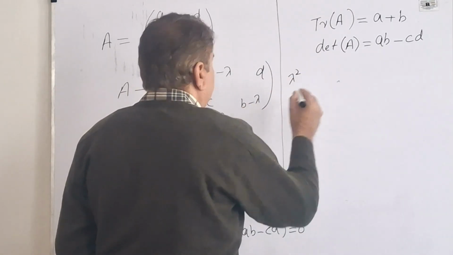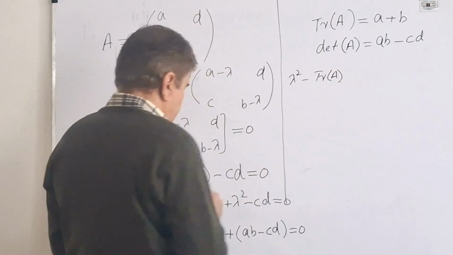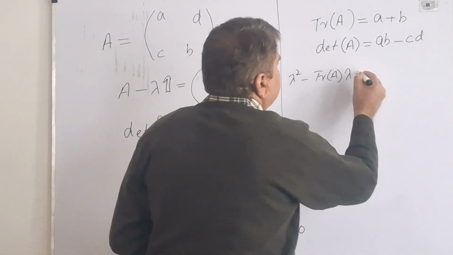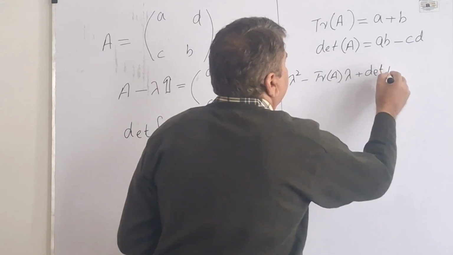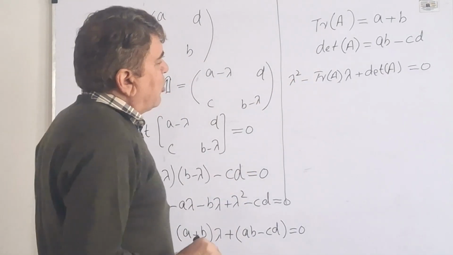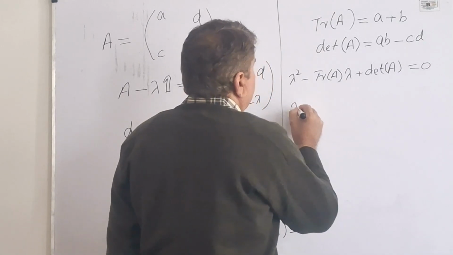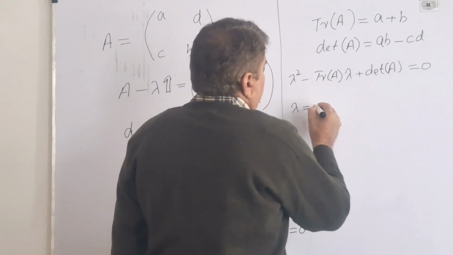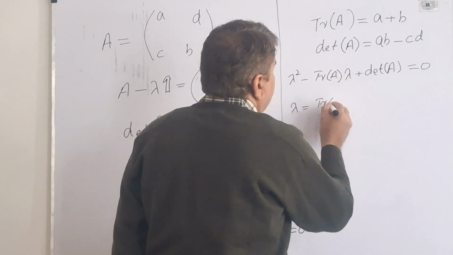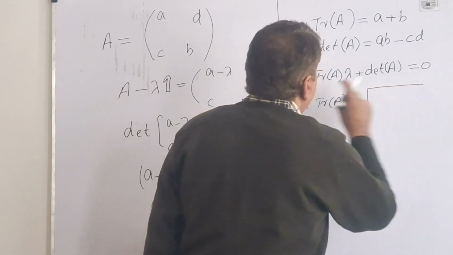Lambda squared minus trace of A times lambda plus determinant of A equals 0. So this is a quadratic equation, and the roots of this equation are given by lambda equals minus B. So it will become plus, so I write this trace of A plus or minus the square root of B squared.